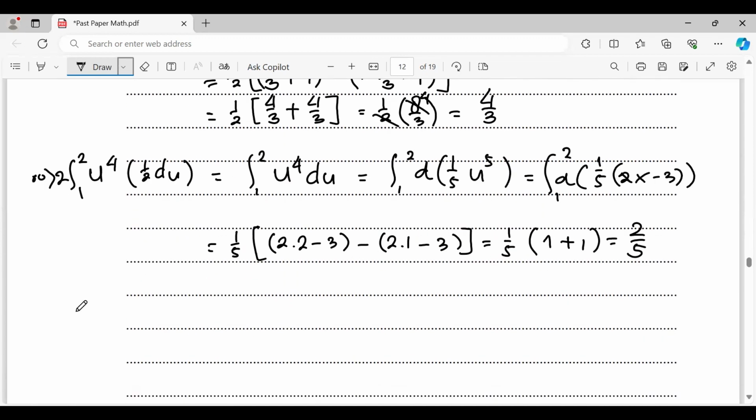So area is 4/3 plus 2/5 equals 4/3 minus, sorry.